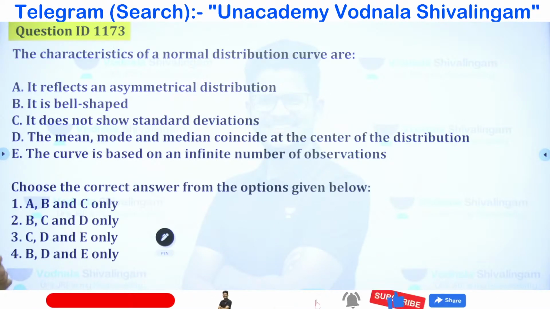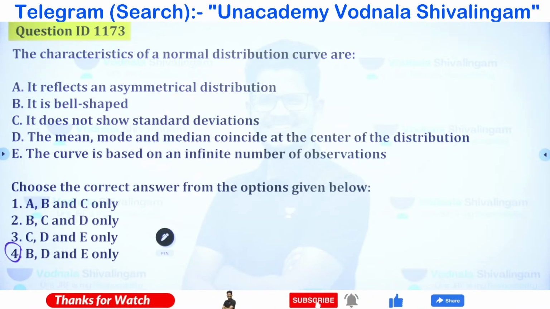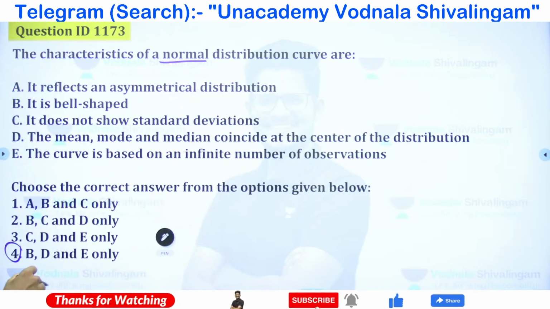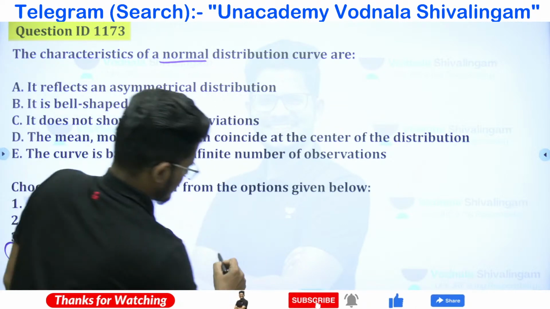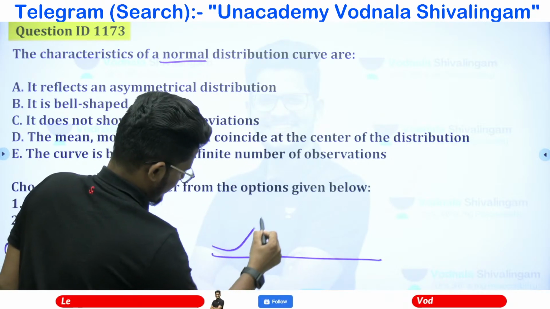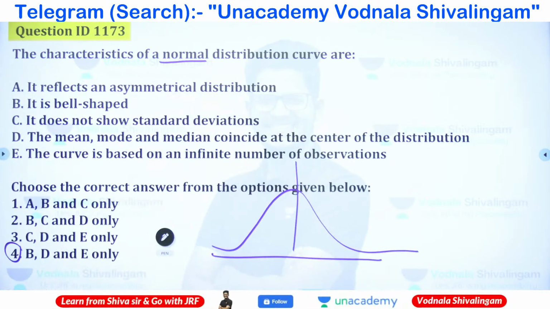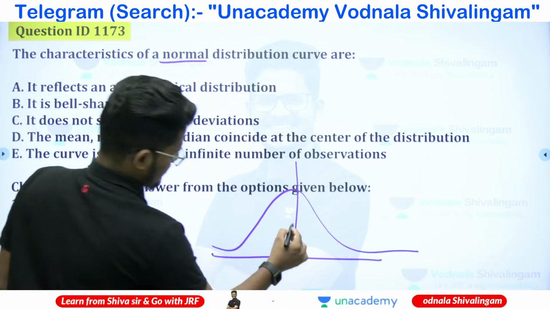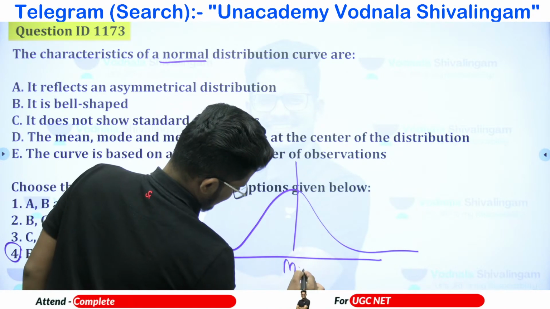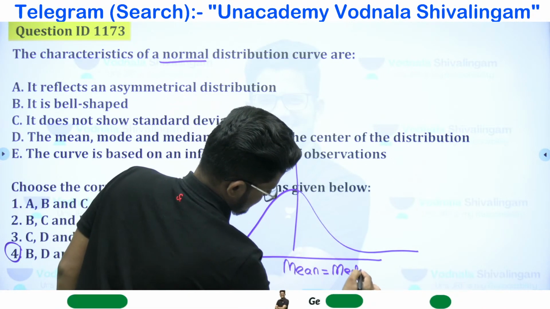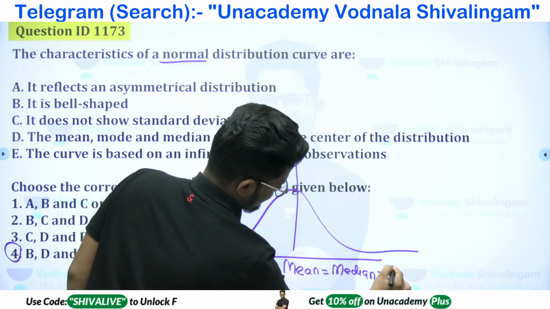Option D is the given answer, that is B, D, E. Normal distribution characteristics: it is bell shaped. Yes, this is how the curve will look, right? It is bell shaped, and here D, the mean, mode, and median are in the middle: mean is equal to median is equal to mode.